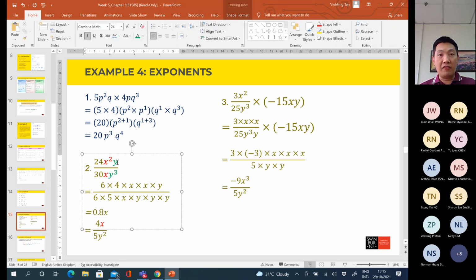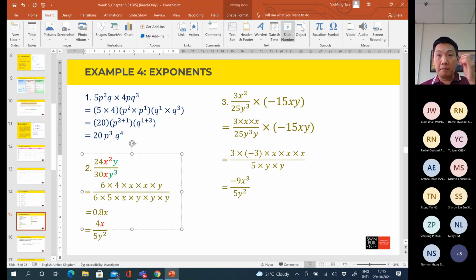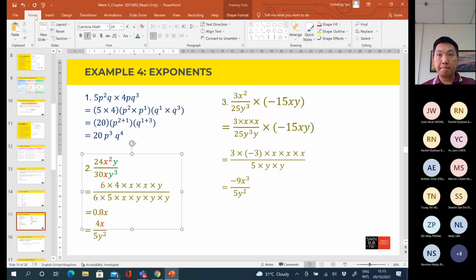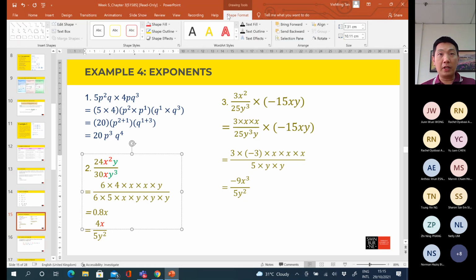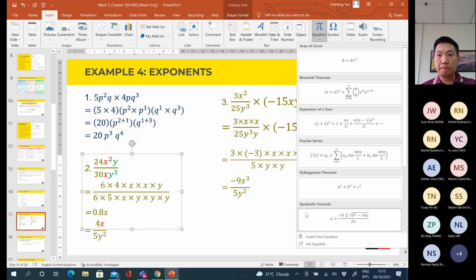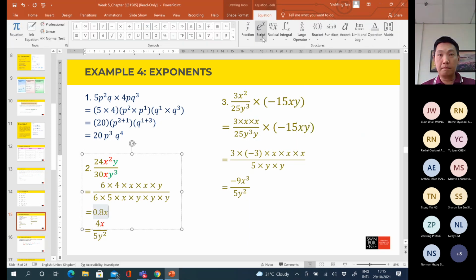Y divided by y power 3 should be equal to y power negative 2. If you cannot see the whole picture, you can do it in this way. Then after that, you can try to adjust again. Y power negative 2. 1 minus 3, you get negative 2.